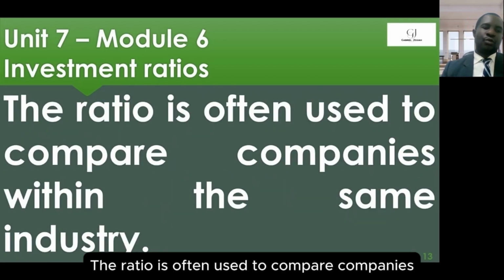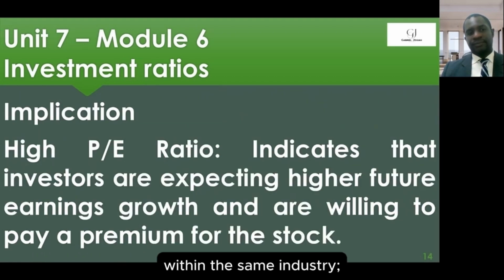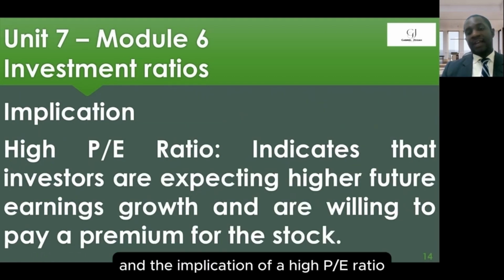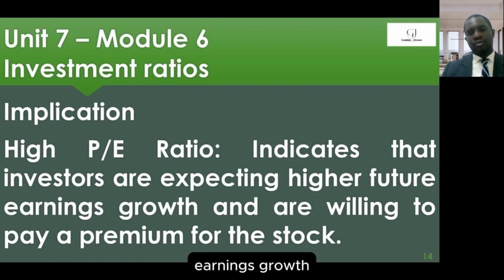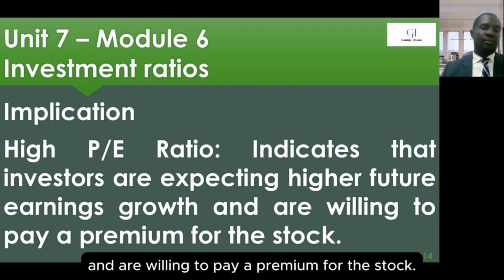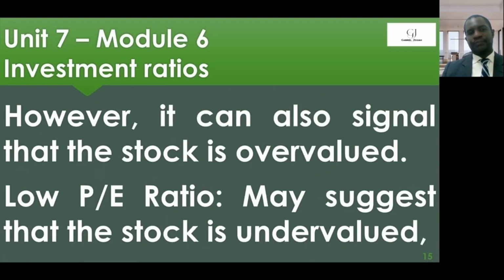The ratio is often used to compare companies within the same industry. The implication of a high PE ratio is that investors are expecting higher future earnings growth and are willing to pay a premium for the stock.